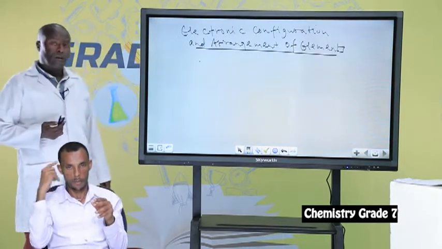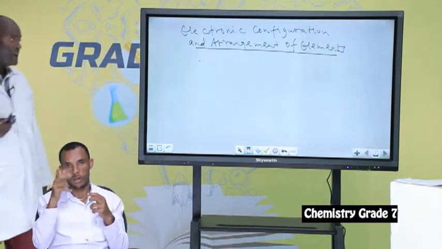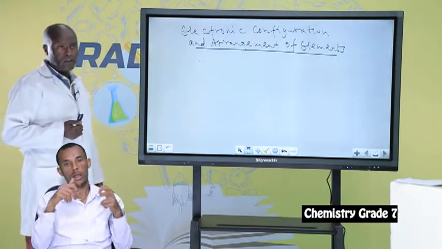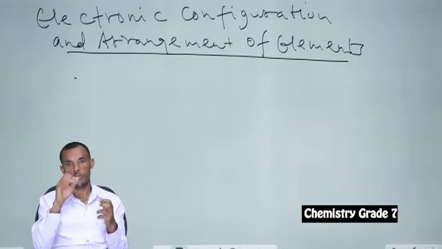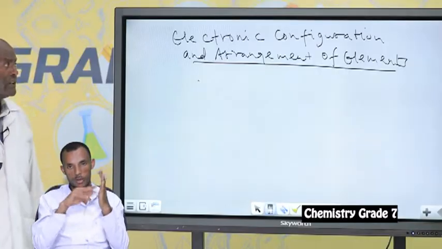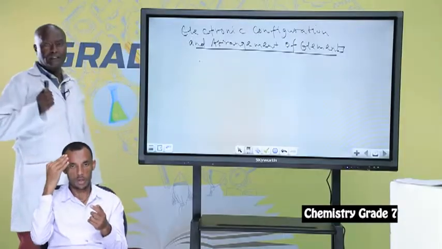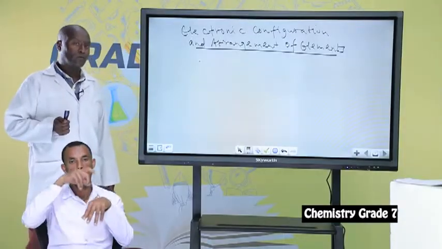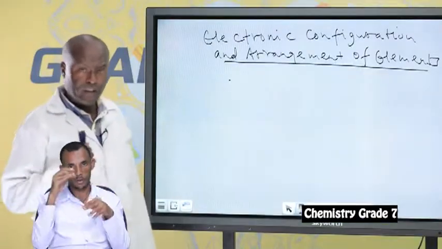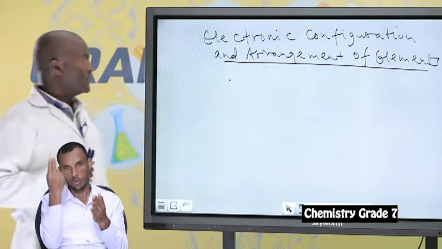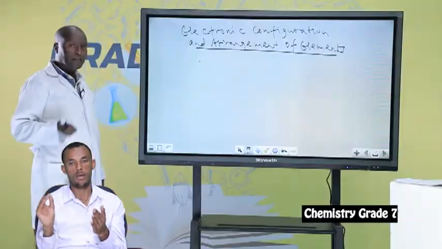Students, remember that you have learned electronic configuration. The arrangement of electrons in various shells or energy levels is known as electronic configuration. Electronic configuration of an element helps to determine the group number and period number of the element.